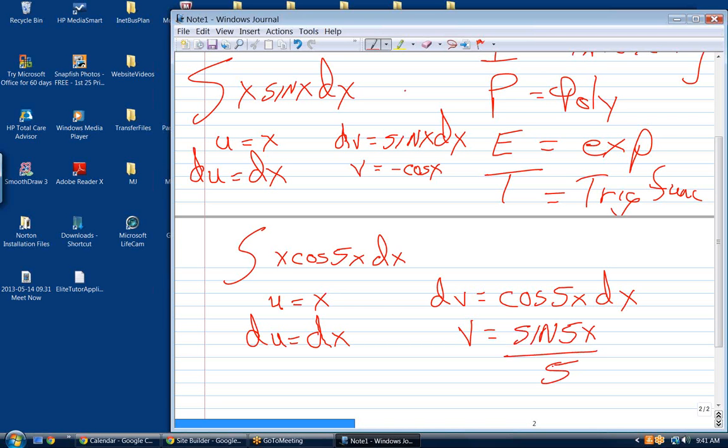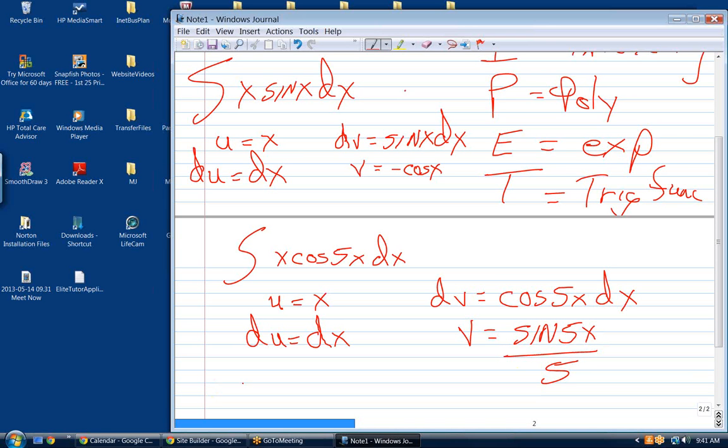Whenever you take the integral of cosine of ax, it's sine of ax divided by a. If you take the derivative of this, you get cosine of 5x.